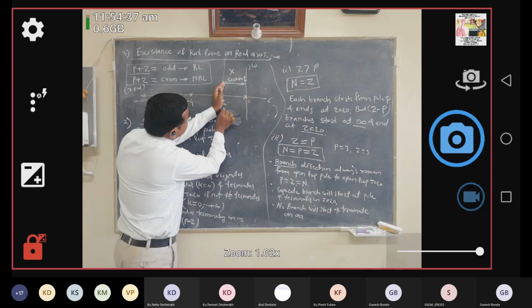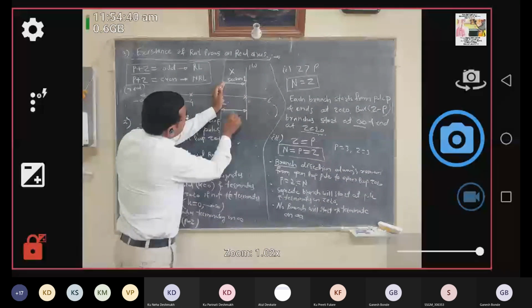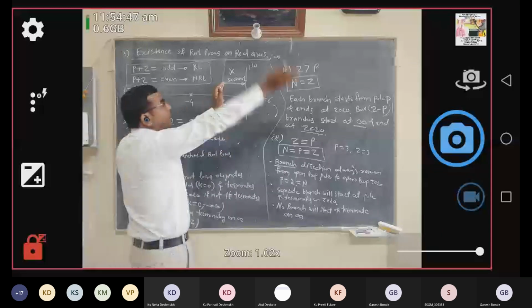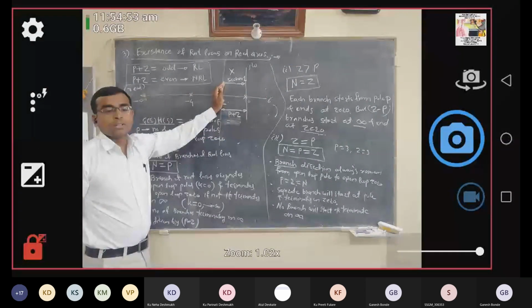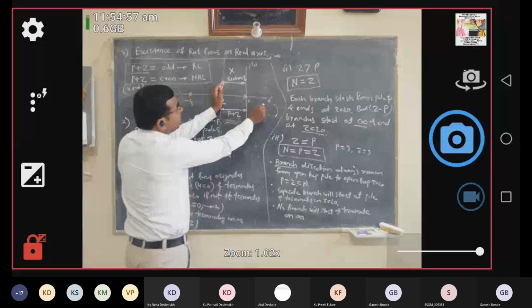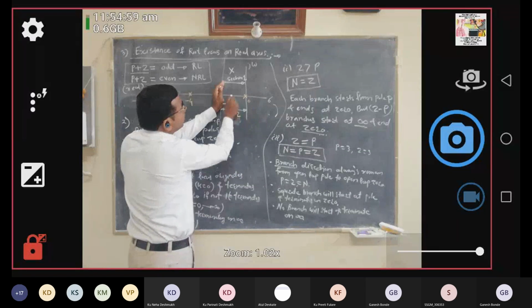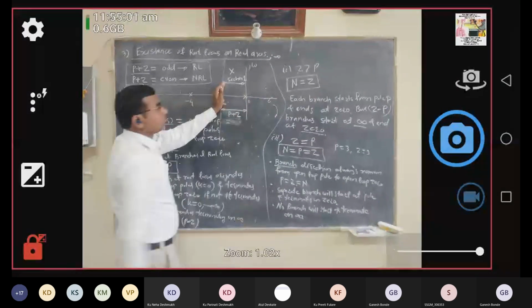Can you tell me what is the value of P plus Z in this section? How many P plus Z are there along the real axis? Can you tell me?